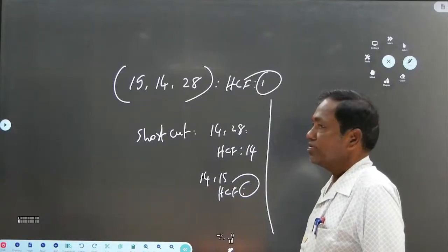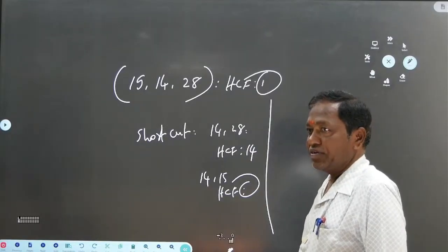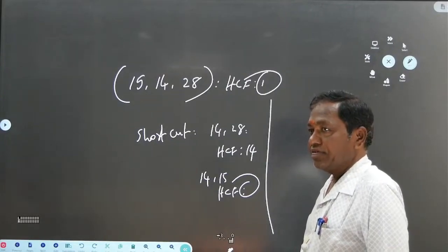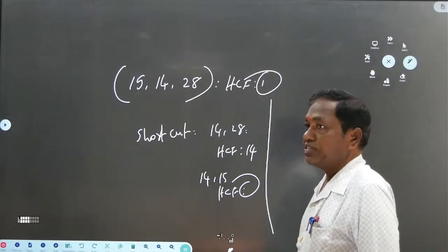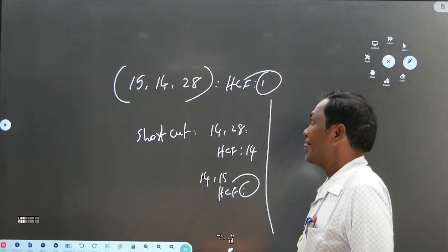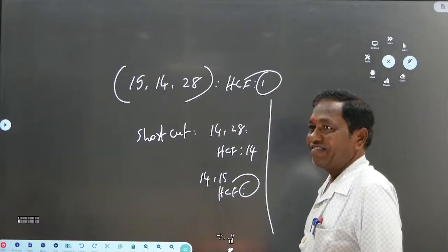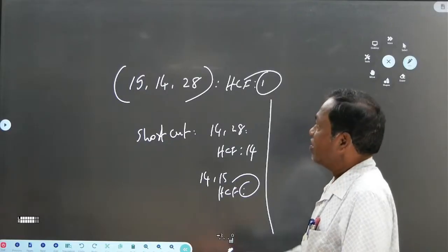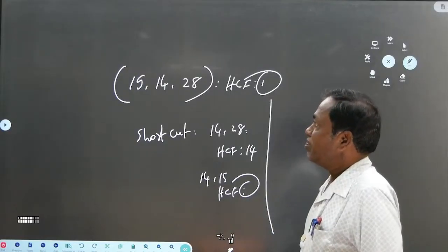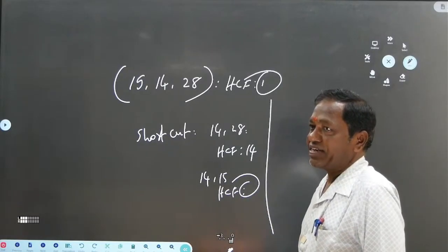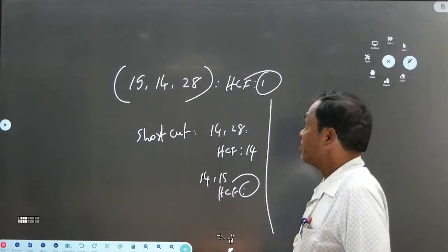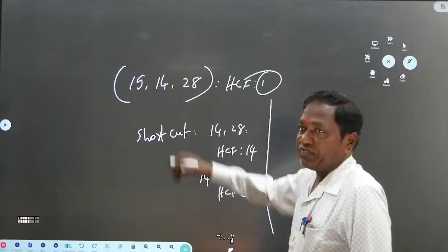Sir, one question. If we pair any two numbers, it should not come as 1 HCF, like that? No, not like that. Because all the numbers are divisible by the largest factor, not multiplying. See, you are taking 28 and 15.